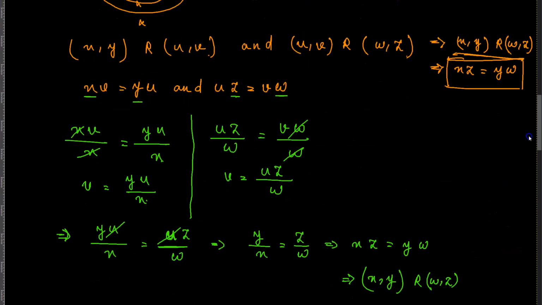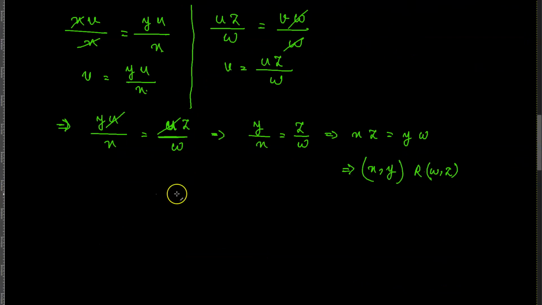And so what we have shown is that we have assumed that (x, y) is related to (u, v), and (u, v) is related to (w, z), and then we have concluded that (x, y) is related to (w, z), and then you can say that hence R is transitive.